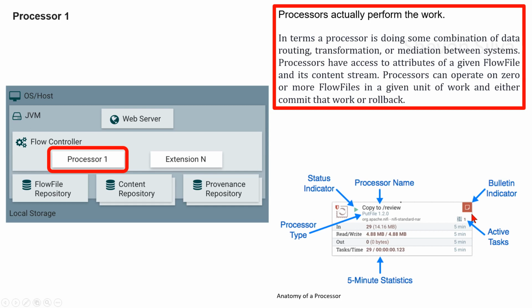The default value is warn, which means that only warnings and errors will be displayed in the UI. This icon is not present unless a bulletin exists for this processor. When it is present, hovering over the icon with the mouse will provide a tooltip explaining the message provided by the processor as well as the bulletin level.